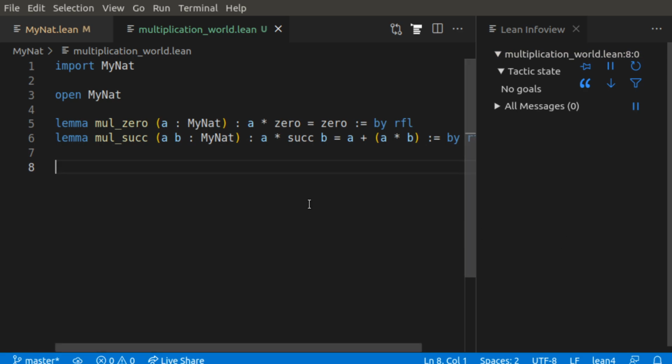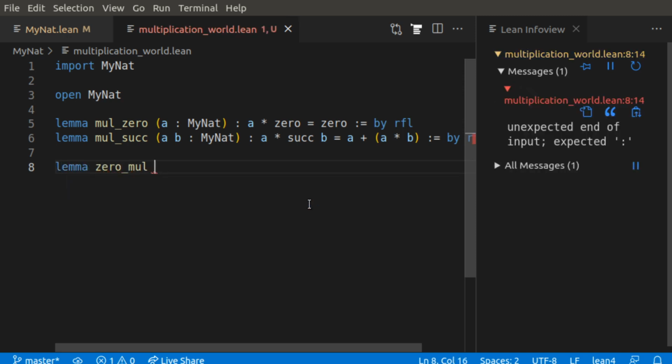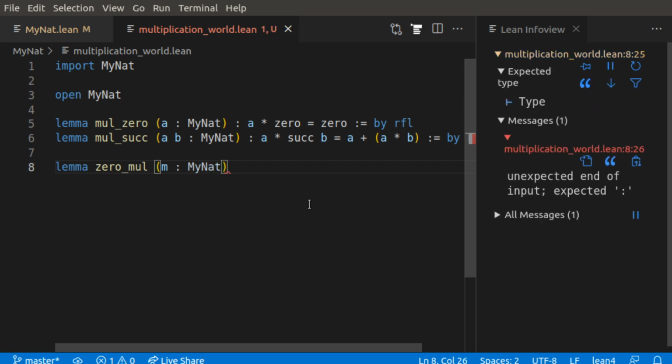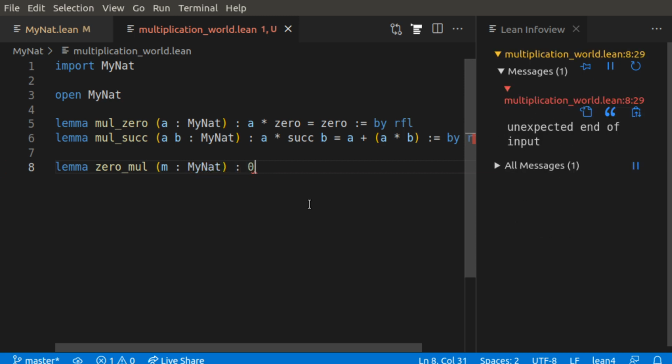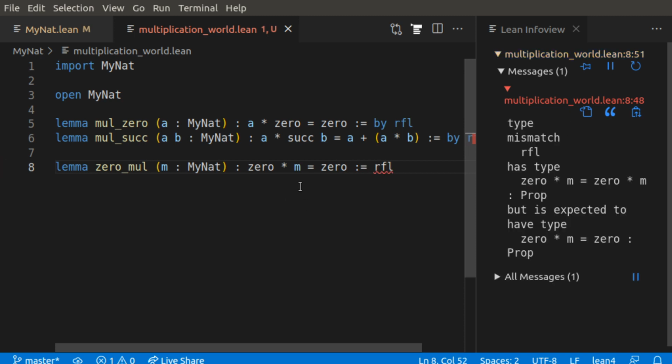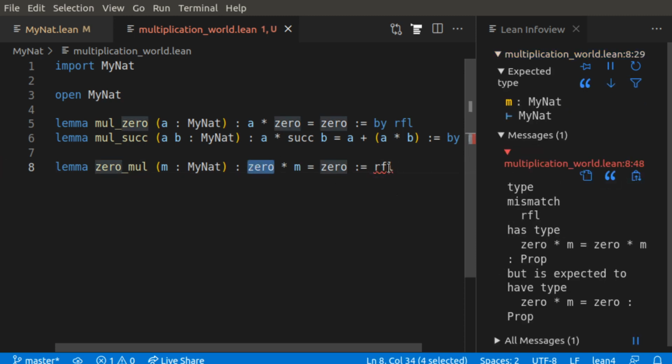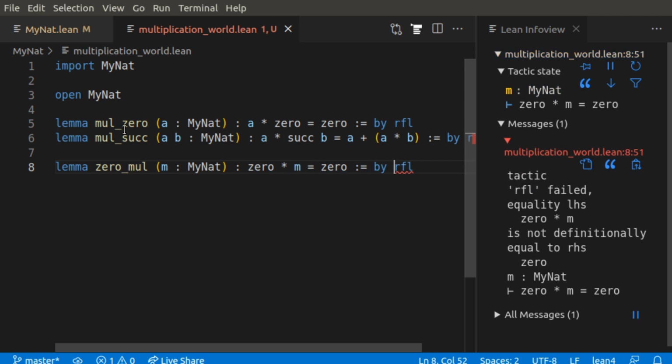We're going to prove zero times m is equal to 0. Well, we can't prove this by reflection because that's not how the function is set up.